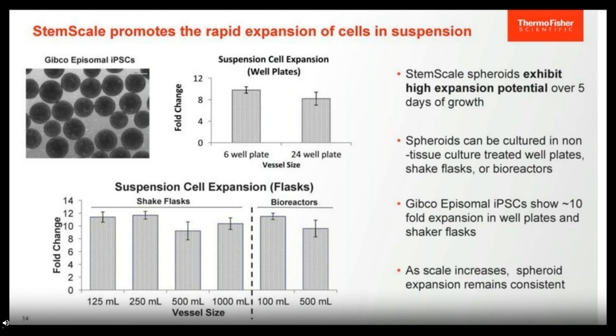The two graphs shown here represent their growth in either well plates or larger vessels of varying sizes. And you can see that we obtain an average of approximately 10-fold expansion, whether they're grown in small well plates, larger shake flasks, or even larger bioreactors. So this indicates that StemScale does promote consistent expansion across a variety of different vessel sizes.